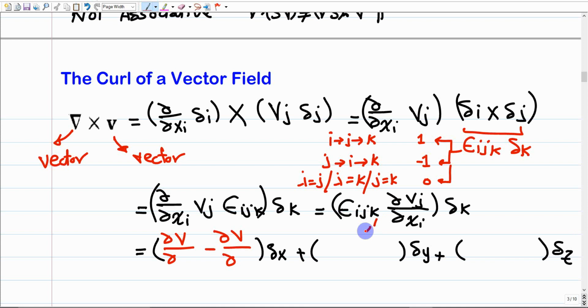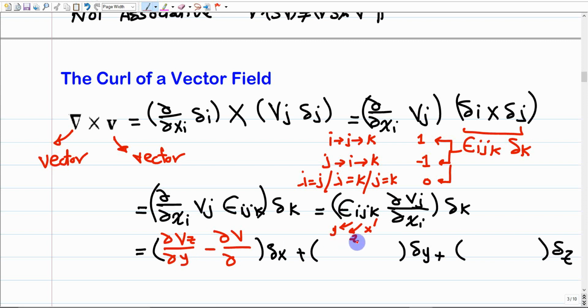So if this is x, this should be y, this should be z, it means that for this term to be 1, this should be y and z. So we should have partial vz with respect to y, because j is z.